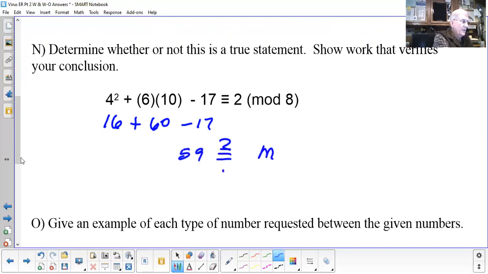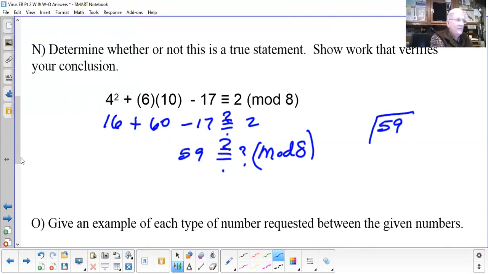So what number is this mod 8? Is it 2? Okay. Well, let's see. How do you convert this? You simply take your answer, 59, and divide it by your mod number, which is 8.